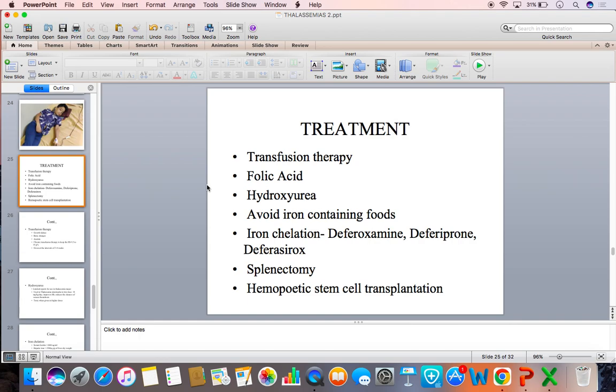In order to reduce the morbidity and the bony deformities secondary to anemia, we plan the transfusion therapy. It is called scheduled transfusions. That is regular transfusion once in every 3 to 4 weeks in order to maintain the hemoglobin level around 10 grams per cent.